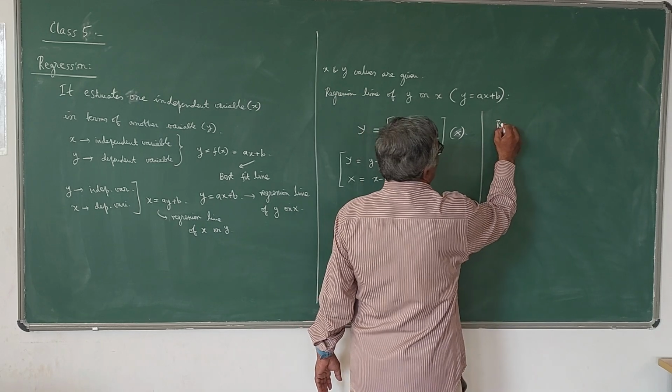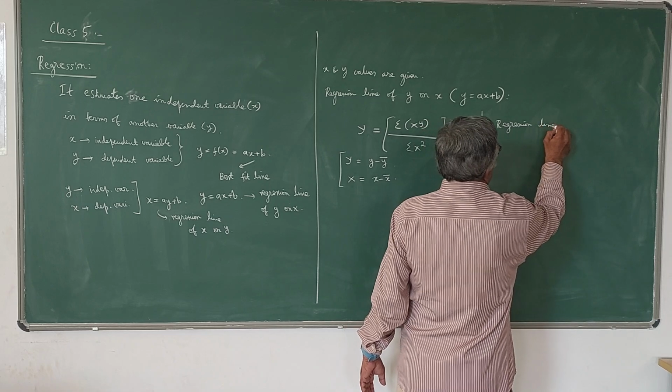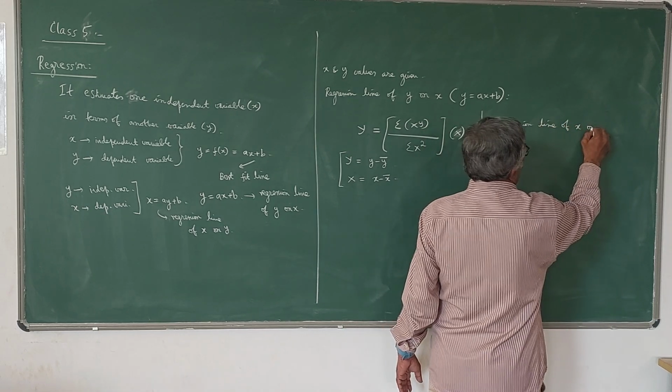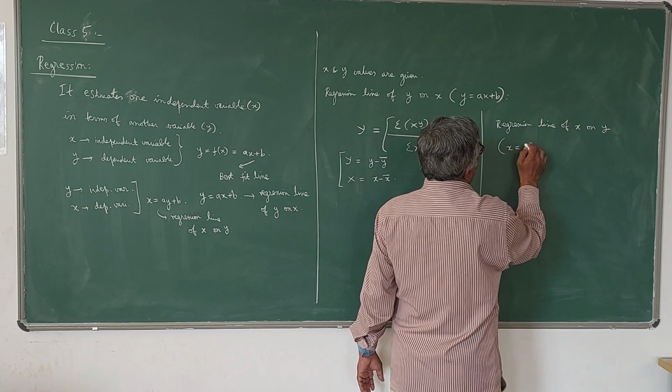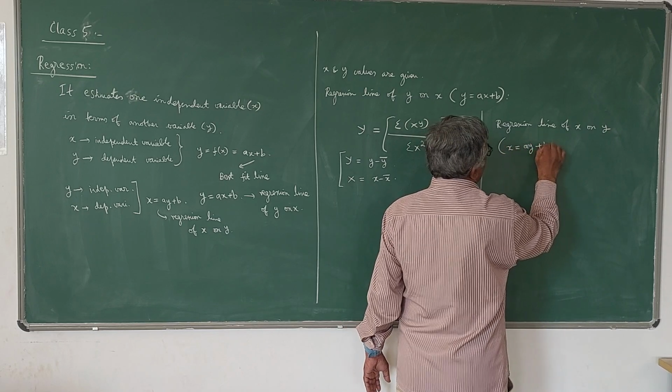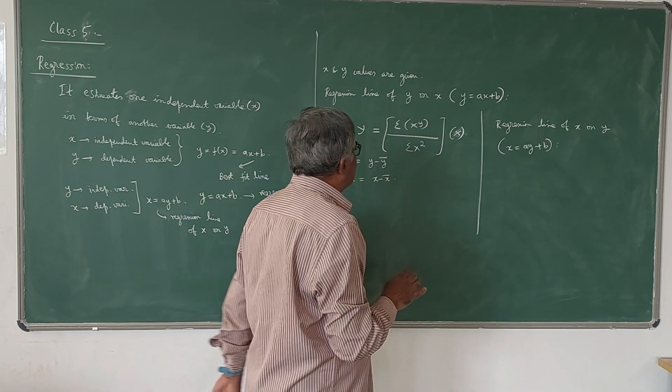Similarly, if you want a regression line of x on y, that means x is equal to a into y plus b, this is the equation. Then capital X and capital Y are interchanged here.